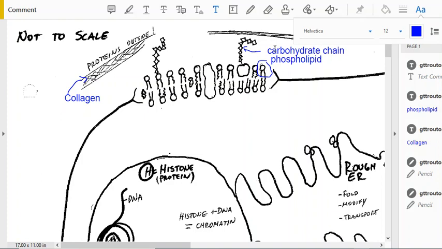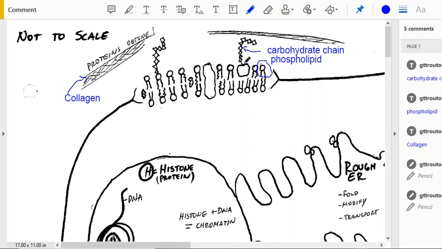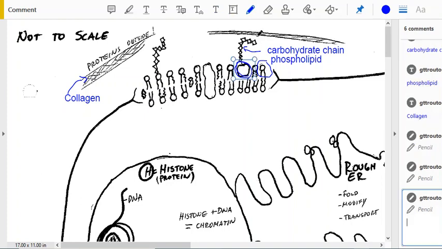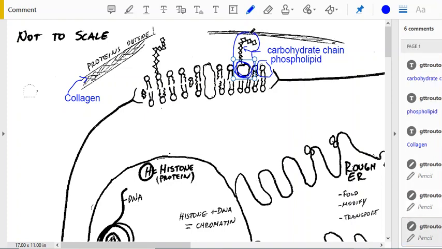So I'm going to go ahead and say that is a carbohydrate chain. If that carbohydrate chain is attached to a protein, like down here, then this entire molecule, I'm going to circle the whole thing, is called a glycoprotein. And if that carbohydrate chain is attached to a phospholipid, like it is over here on the left, then that's called a glycolipid.